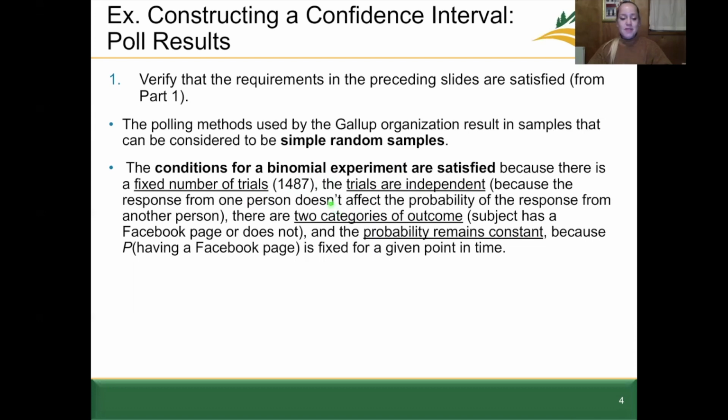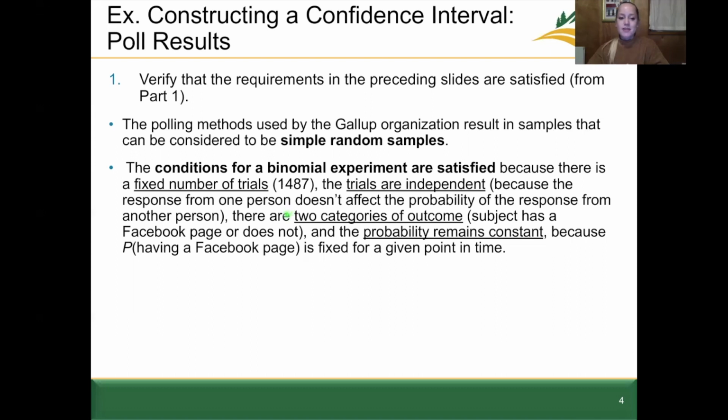The next part of satisfying a binomial distribution is that there are 2 categories, either a success or a fail. We have talked through this: a success is that an adult does have a Facebook page, and the other category is a fail, that the adult does not have a Facebook page. The fourth requirement is that the probability remains constant.